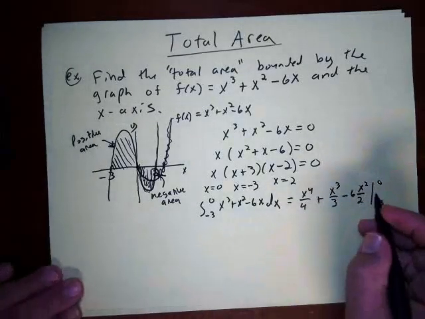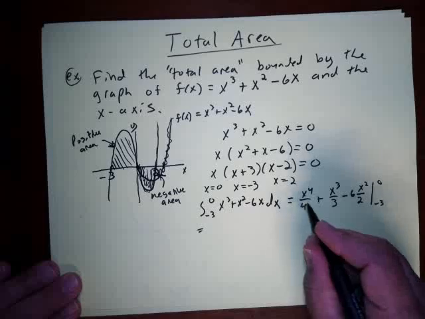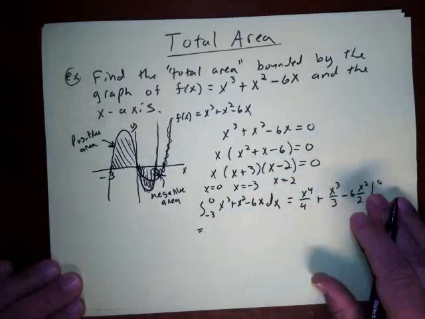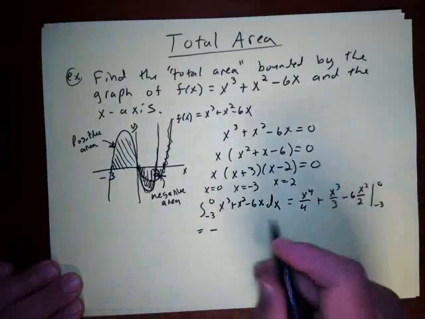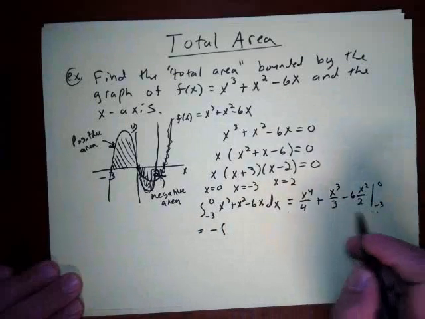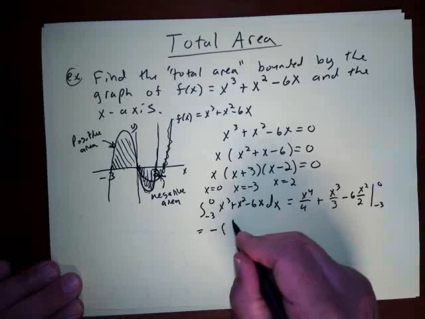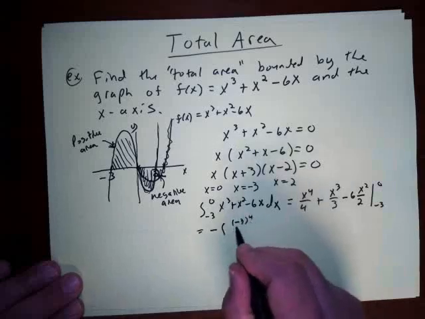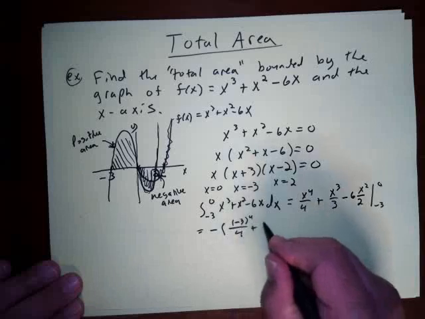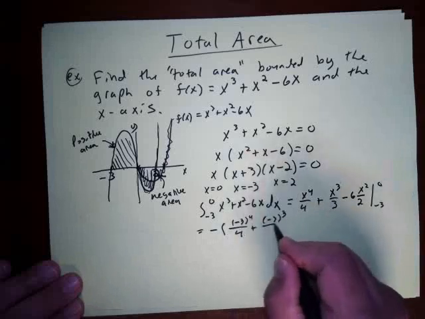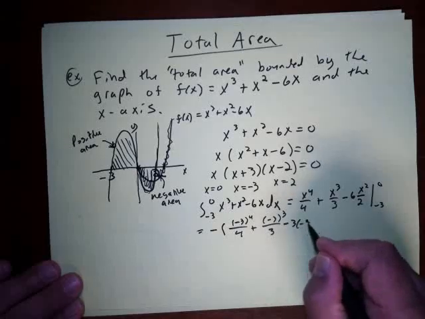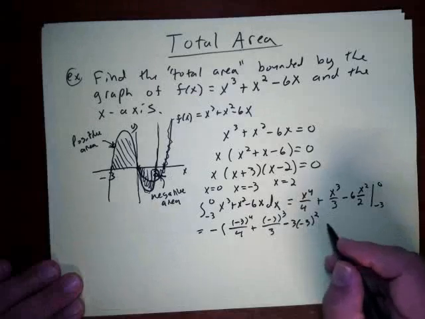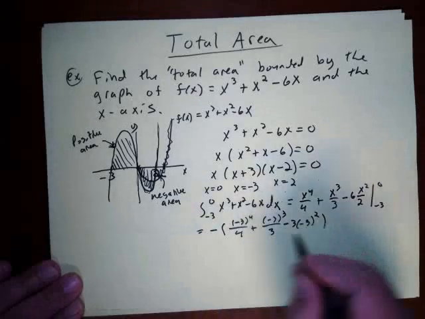When I plug in 0 into all this, it just goes away, so there's nothing there. Then I'm going to subtract what I get when I plug in -3. So I'm going to put in -3 here: -3 to the 4th over 4 plus -3 cubed over 3, and then minus 6 times -3 squared over 2, and it'll be the opposite of all that.